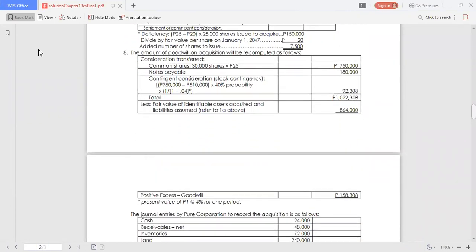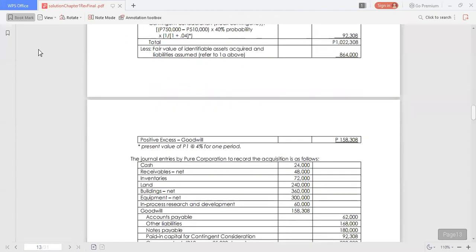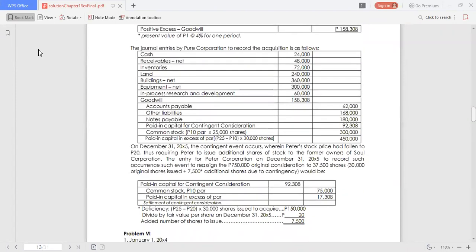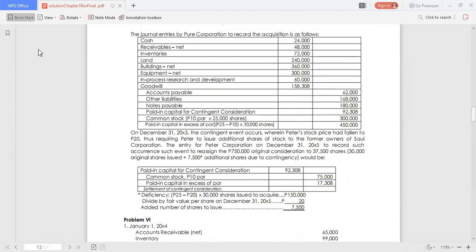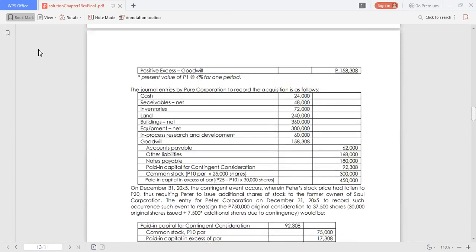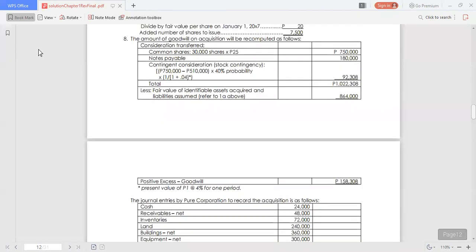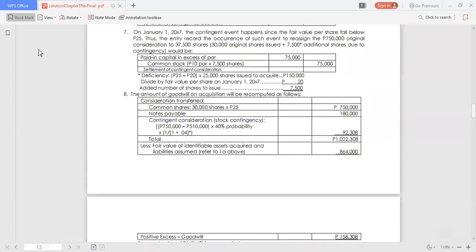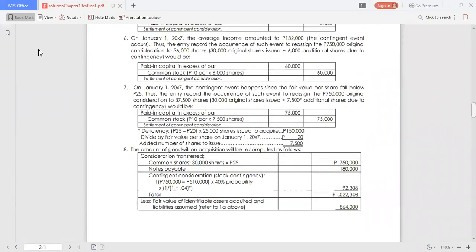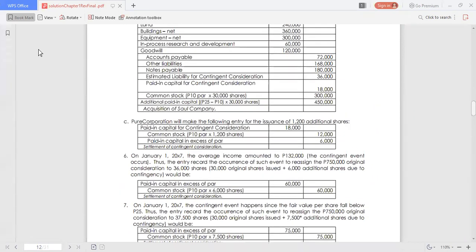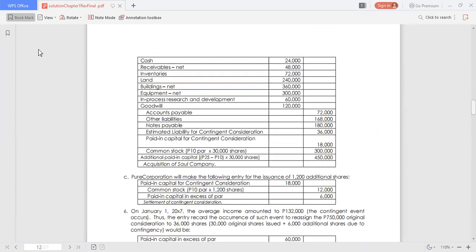I hope you will study the solutions based on the whole problem. Problem 5 is comprehensive, that's why it's very long. So I'll just share screen the remaining solutions.